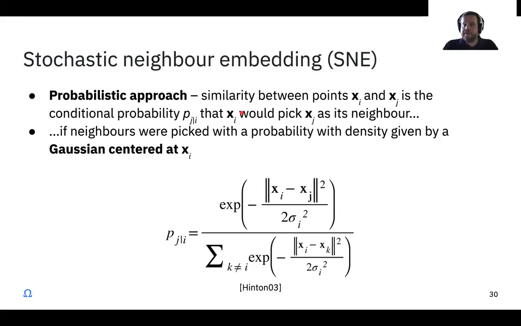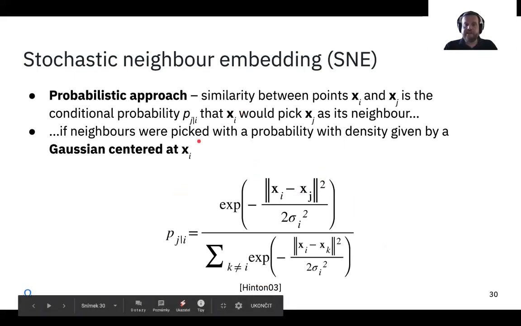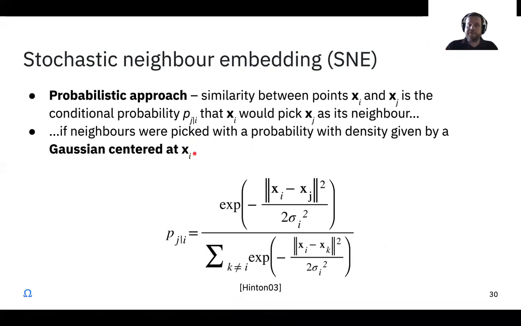Instead, you use conditional probability, and how this works. All this does is that at each point, you will have a center of a Gaussian distribution, right? So that's the bell distribution centered at that point, except it's going to be an ND distribution, not 2D as I draw it here.